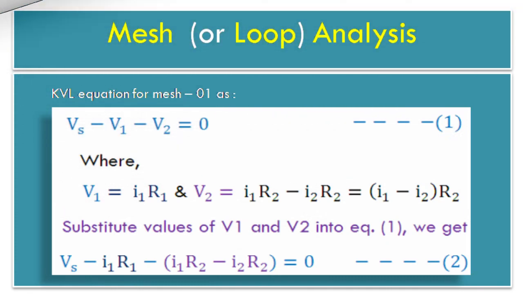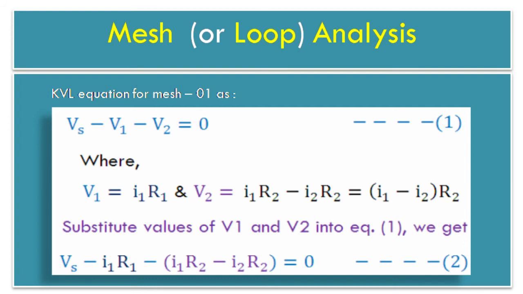Using previously studied mesh analysis theory, write the KVL equation for mesh 1 as voltage source Vs minus voltage V1 across resistor R1 minus voltage V2 across resistor R2 is equal to 0, which is represented by equation 1, where voltage V1 is equal to current I1 into resistor R1 and voltage V2 is equal to current I1 into resistor R2 minus current I2 into resistor R2.